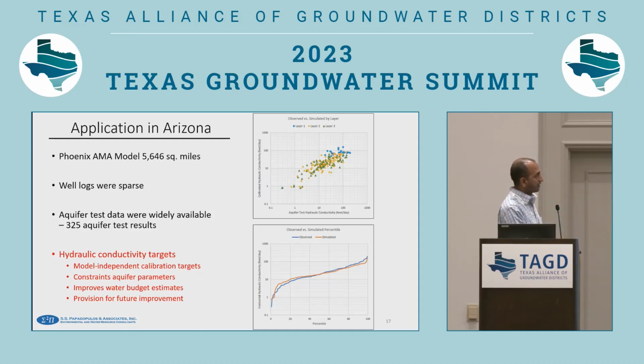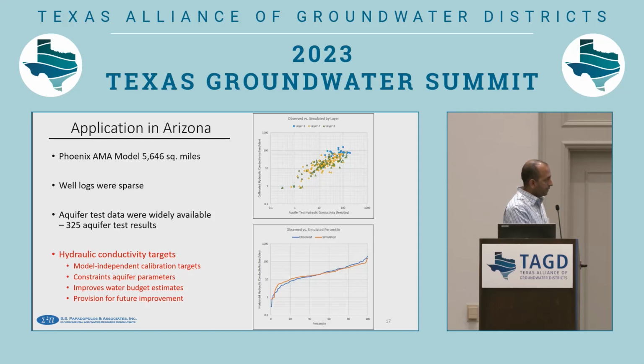So we ran, and with the natural heterogeneity that came from the logs and aquifer test parameters, we matched the hydraulic conductivity. Yes, there was some tweaking and calibration to be done to fill in some of these gaps. But once we did that, we got a good distribution over 2 orders of magnitude for hydraulic conductivity.